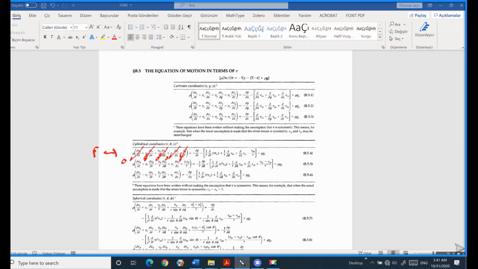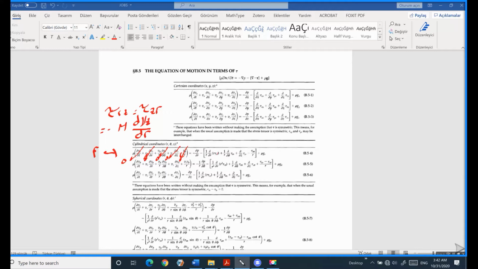On the right side, at the same time, the problem gives that we have the viscous stresses tau rz and tau zr defined like this, minus dVz over dr, because we know from the continuity equation that Vz only changes with respect to r.